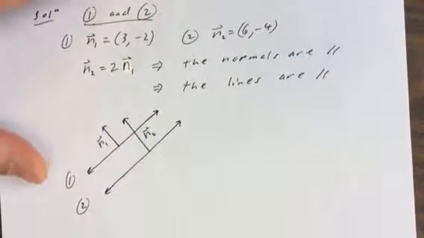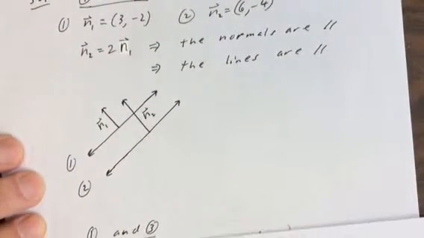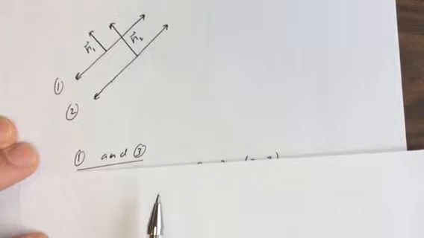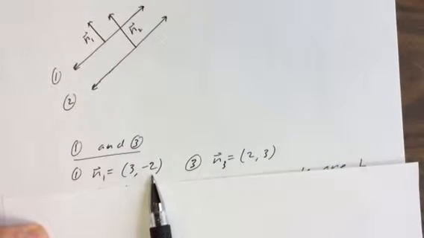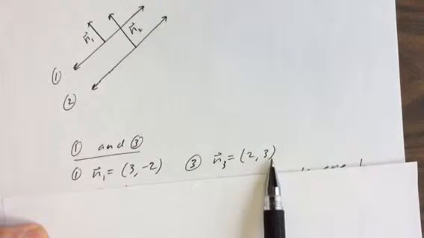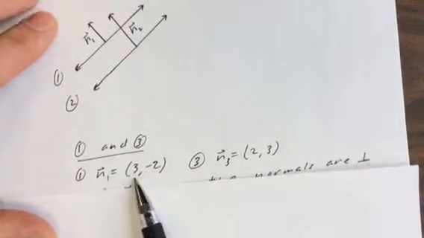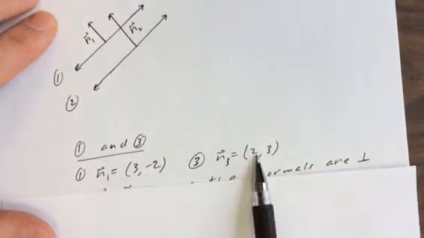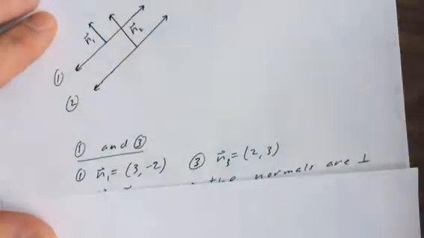Now, if we compare 1 and 3, n1 equals (3, negative 2), n3 equals (2, 3). Their components are flipped and one negative. It's like we've done the negative reciprocal like we do in equations of lines.